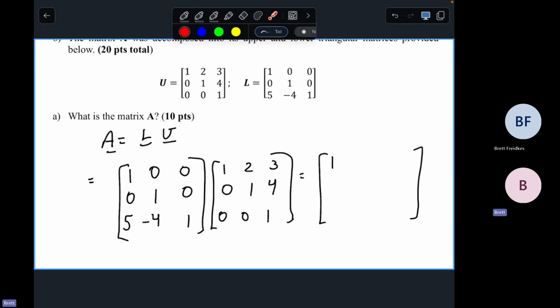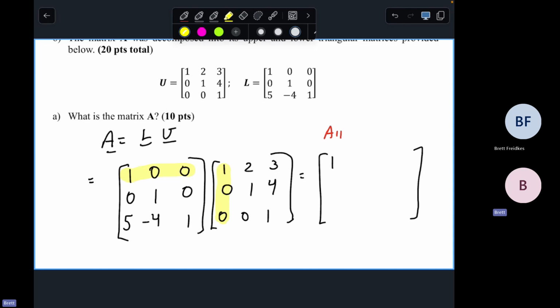This is element 1,1, A11. That means we're going to take the first row and multiply by the first column. A11 would be 1 times 1 plus 0 times 0 plus 0 times 0. We get A11 is 1.